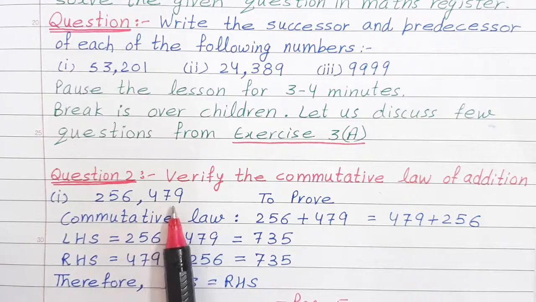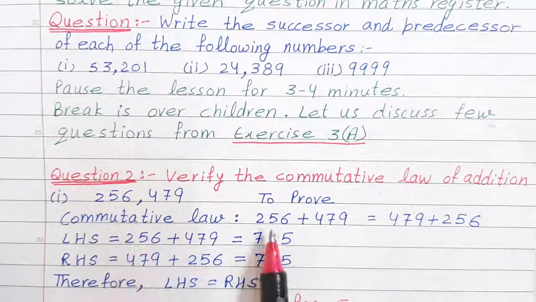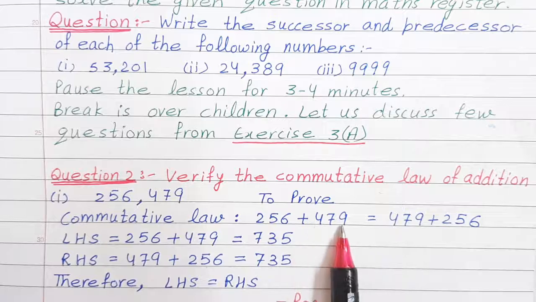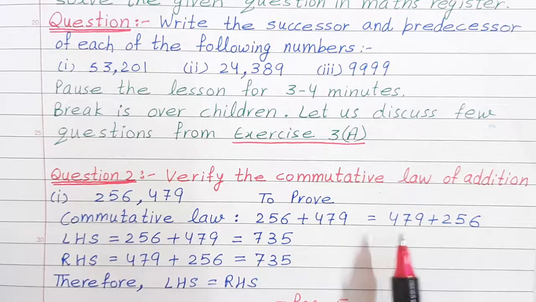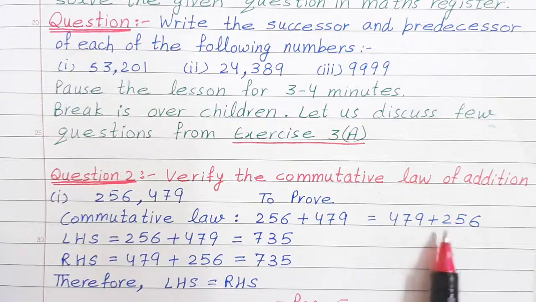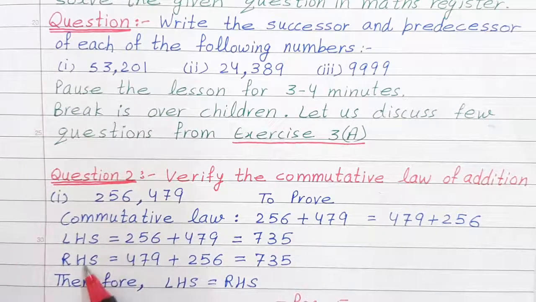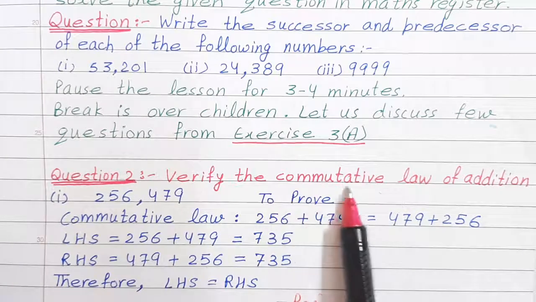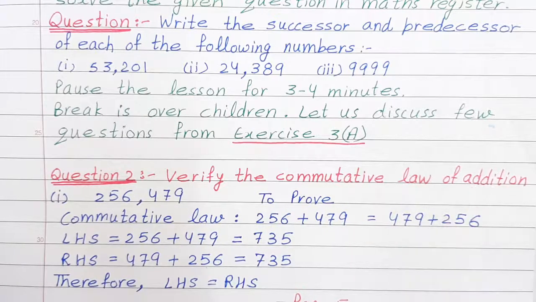Now here we need to prove that 256 plus 479 is equal to 479 plus 256. So we will solve both the things separately. So left hand side the answer is 735, and you can see now the right hand side is also same. So hence the commutative law of addition is verified.